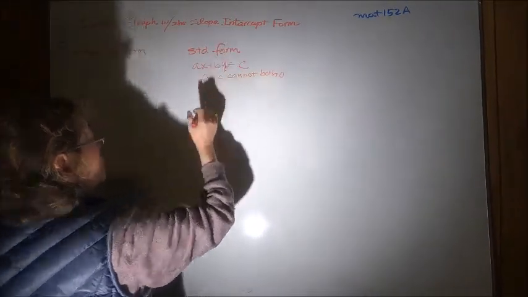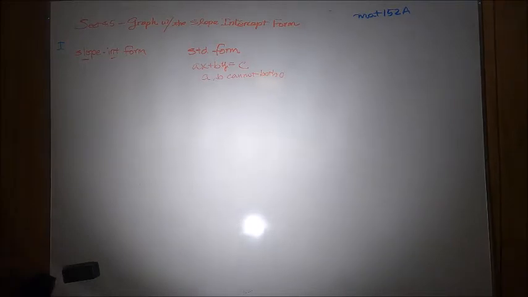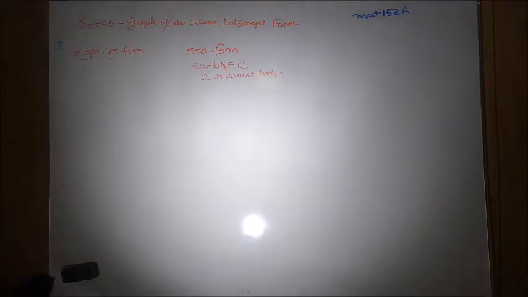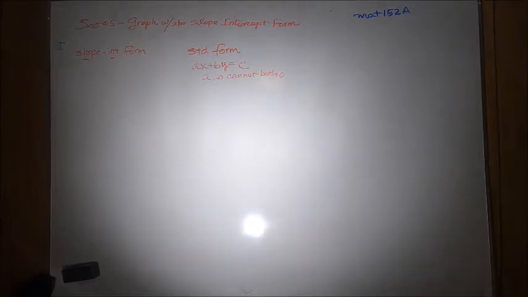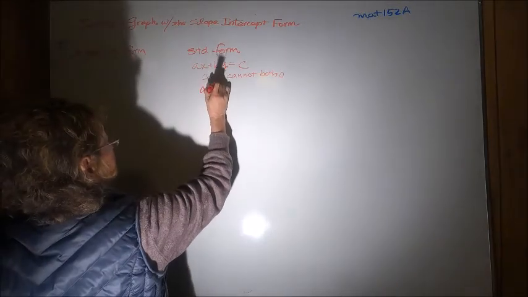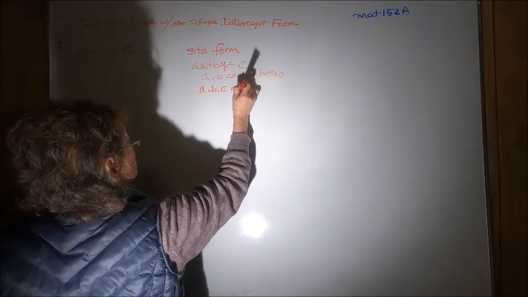If you have both x and y, then you have a slant line. If one is missing, you have special cases, which are vertical lines and horizontal lines, right? So A, B, C are real numbers.